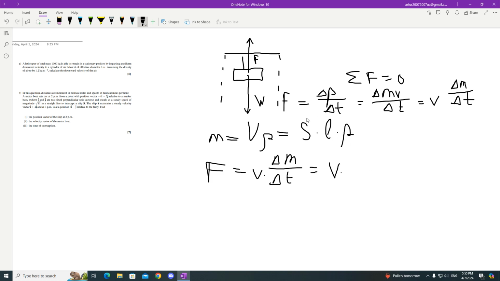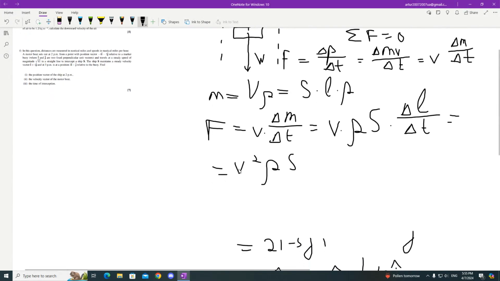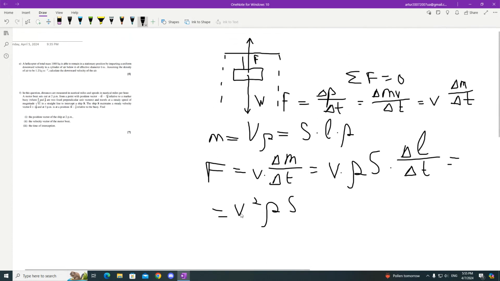So it's a change of length with time, which is speed. So it's equal to V squared rho S.